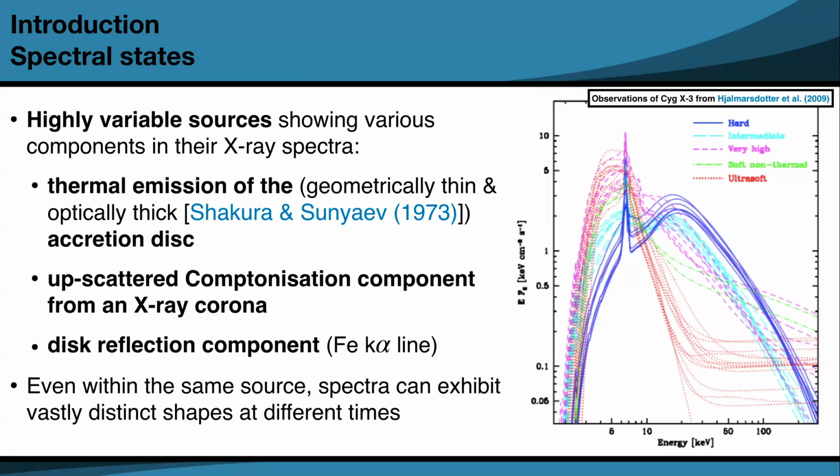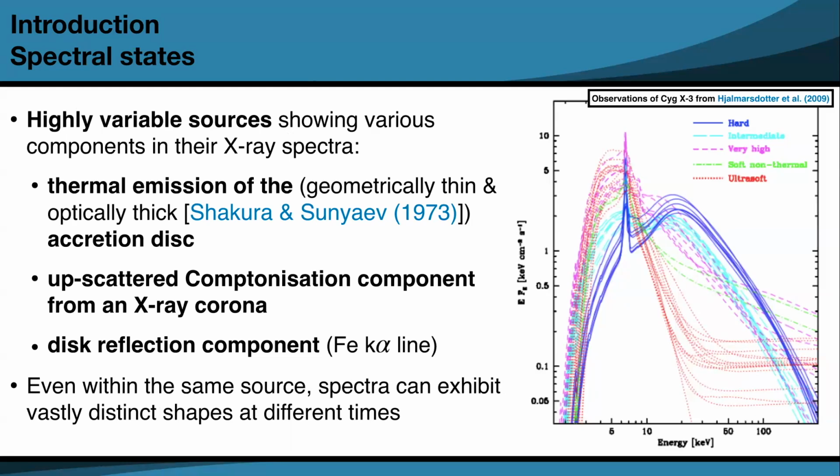So we have the thermal emission coming from the accretion disk, that is usually modeled in the standard Shakura-Sunyaev model of a geometrically thin and optically thick disk. Then we have the Comptonization component, which is instead produced by Compton scattering of the seed emission coming from the accretion disk. This is believed to be produced in a region known as the X-ray corona, where basically we have an optically thin and very hot plasma.